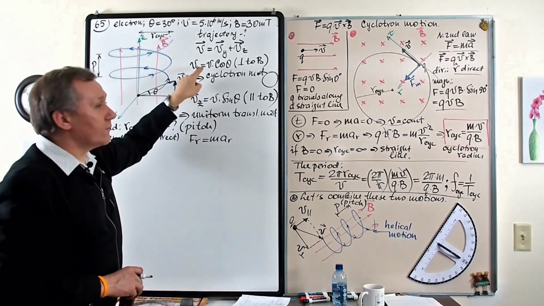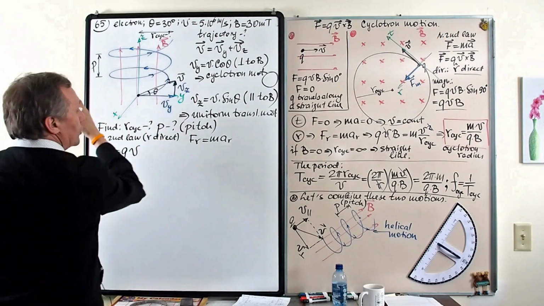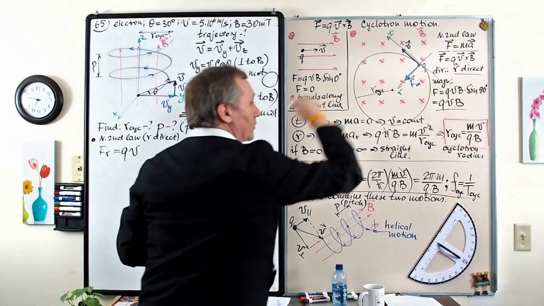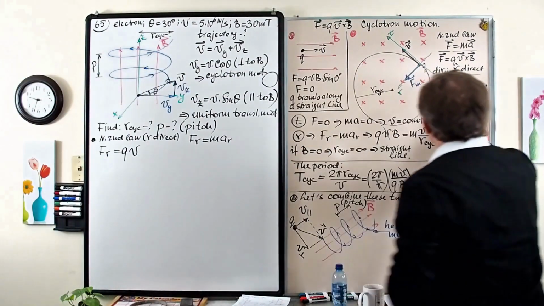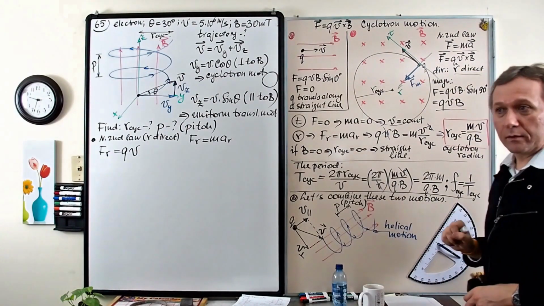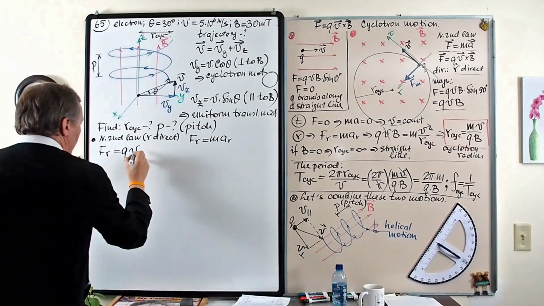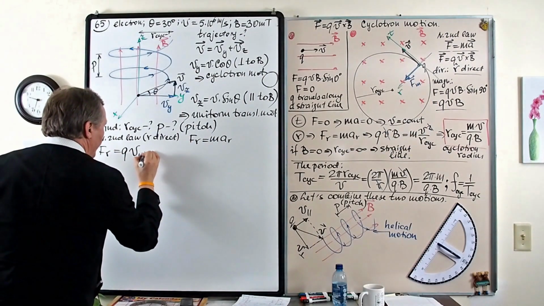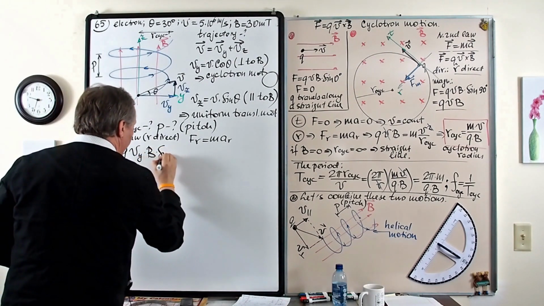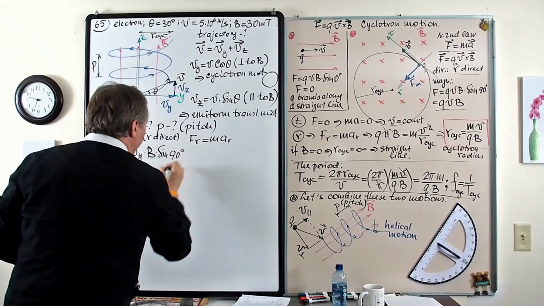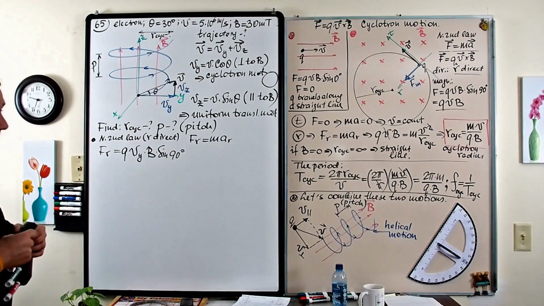Only this velocity is responsible for the cyclotron motion, so we have to use here v sub y, not the total v. So Q v sub y times B, and times, of course, sine of 90 degrees, right? V sub y B sine theta, right?